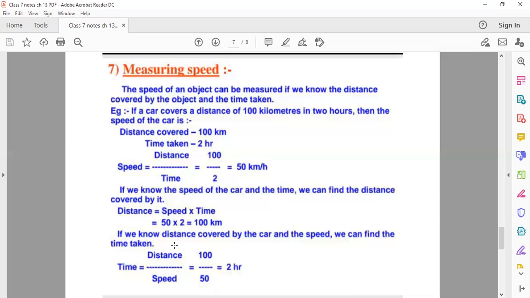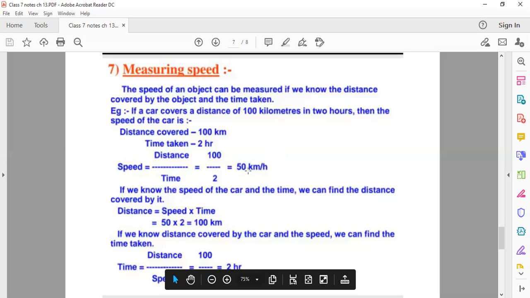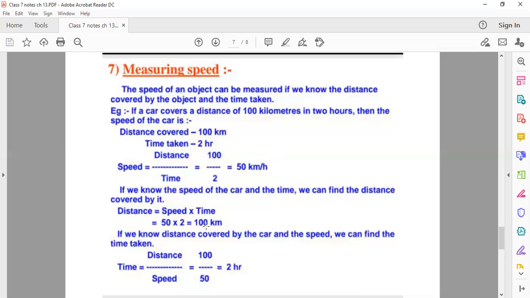The third option: if we need to find out the time, how much time is taken by the vehicle to cover the distance if the car is moving with this speed. Here we already know the speed of the car is 50 kilometer per hour and the distance covered is 100 kilometers. So it's very easy to find the time. To calculate the time, the formula is distance upon speed.